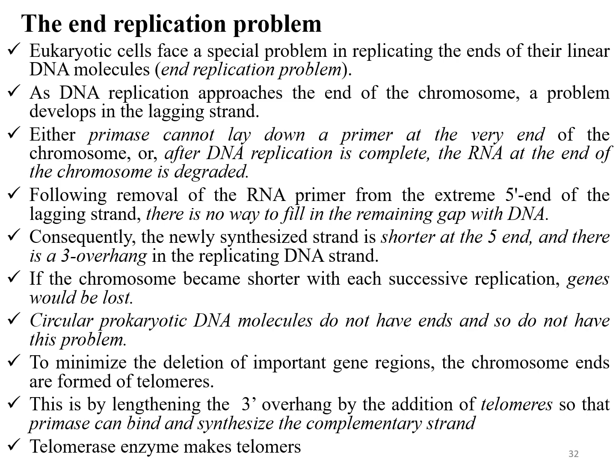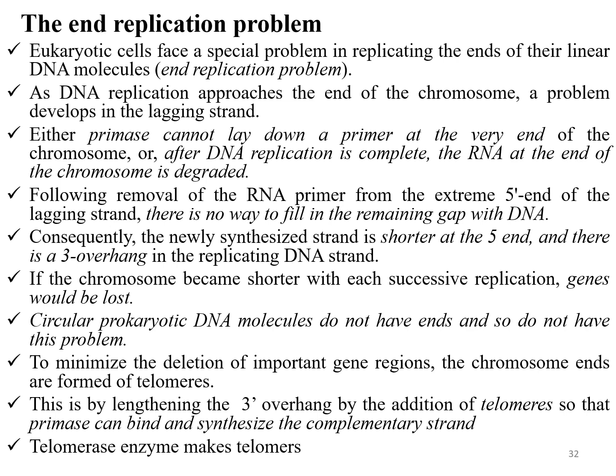Consequently, the newly synthesized strand is shorter at the 5 end, and there is a 3 overhang. If the chromosome becomes shorter with each successive replication, genes would be lost. Circular prokaryotic DNA molecules do not have ends, so they do not have this problem. To minimize the deletion of important gene regions, the chromosome ends are formed by telomeres.